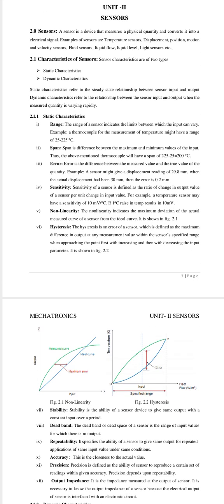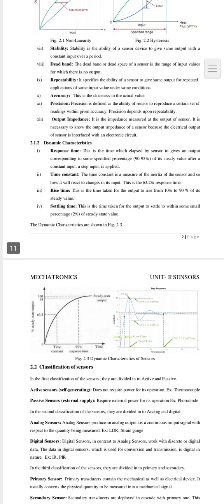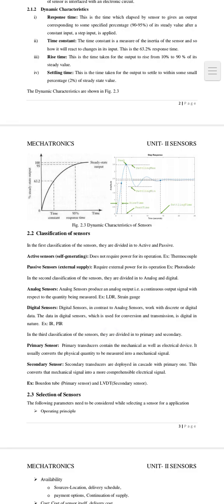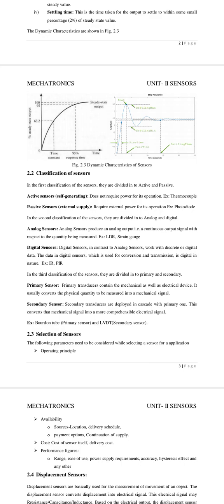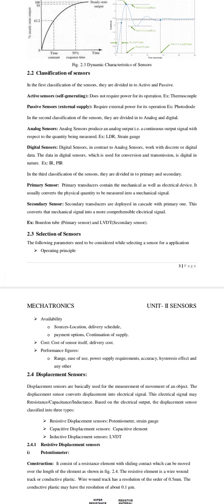We saw various elements in static and dynamic characteristics, and in lecture 2 we saw classification of sensors depending on external power, production of output signals, either digital or analog signals, and primary and secondary. And this video is the third part of these topics.